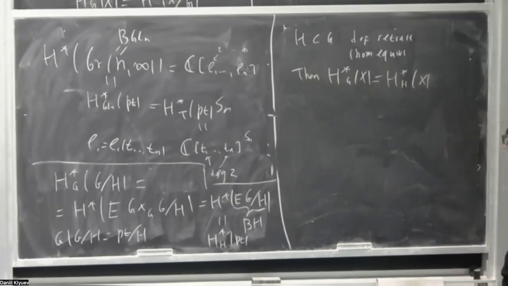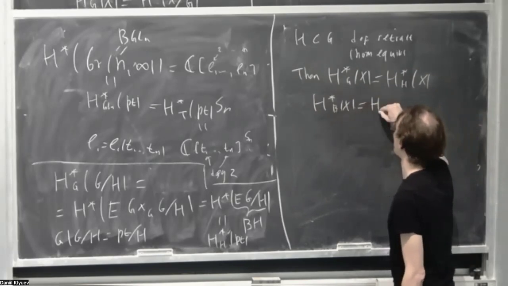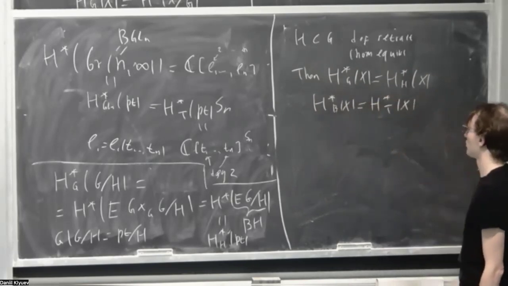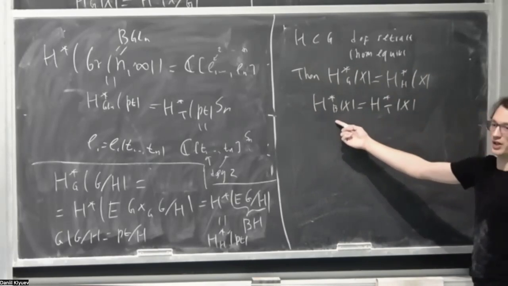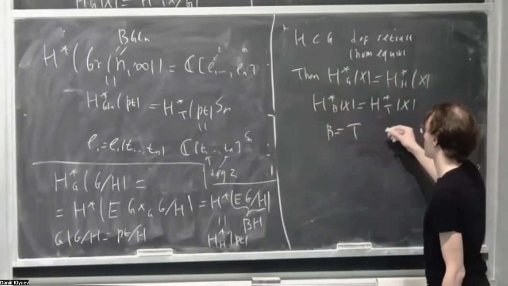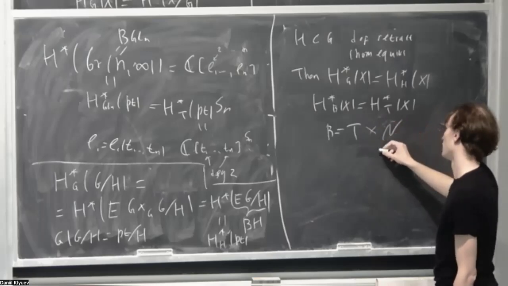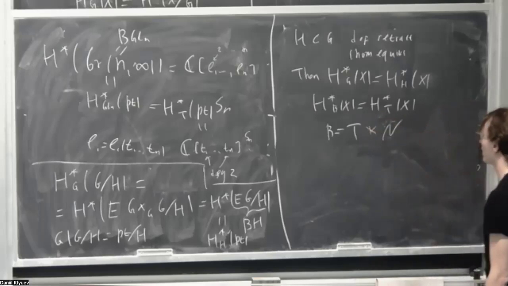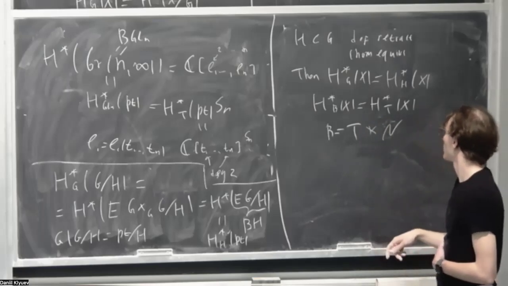And the main thing for us is that B equivariant homology is T equivariant homology, just because T is a subgroup that is a deformation retract. B is T semi-direct N, and N is affine, so you can just send it to a point by the exponential.